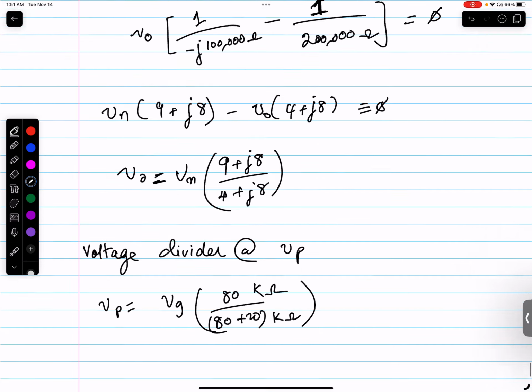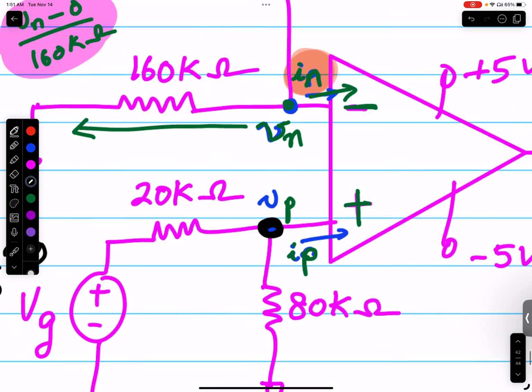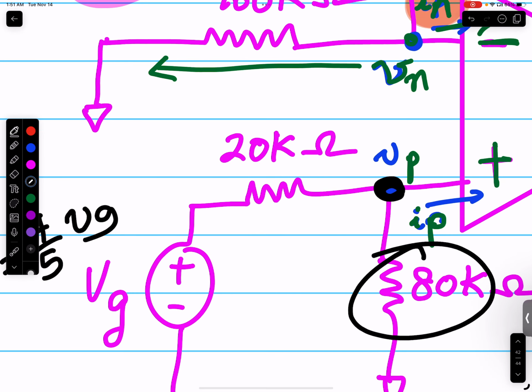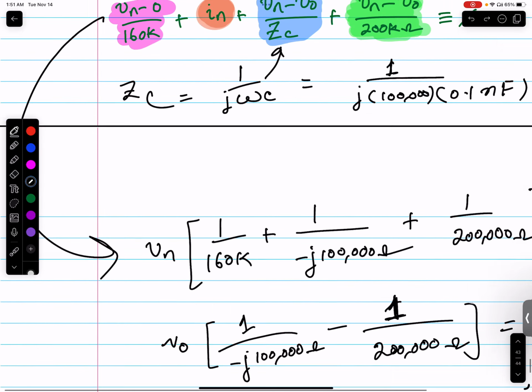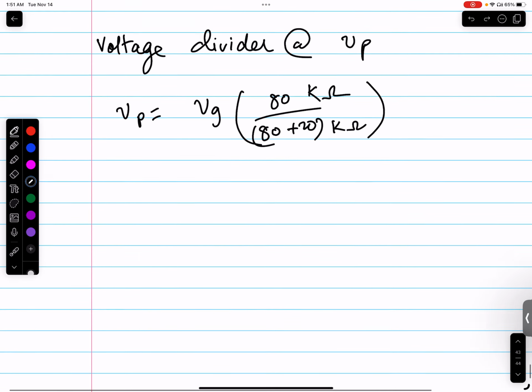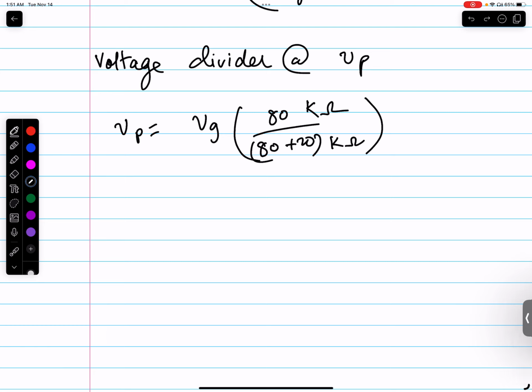That's what I showed you earlier. This 80 by 80 plus 20 times Vg makes Vp equal to 4/5 of Vg.